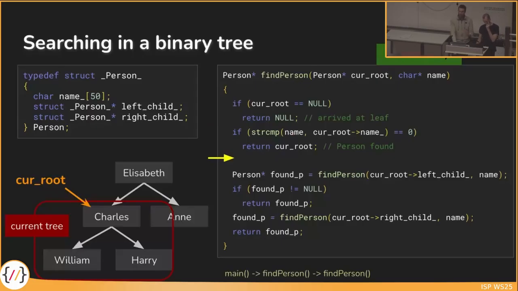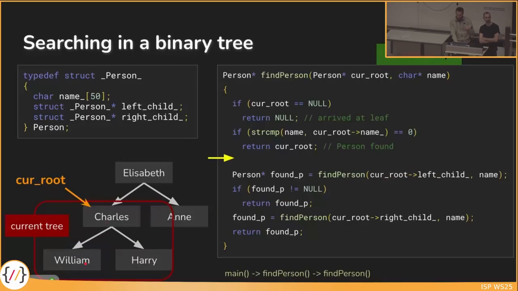So our root is again not Harry. What do we do? We again go to the left side and call our function again with the left tree. So again calling find person here, one step deeper, with the left child of our current root. The current root is Charles, the left child is William.